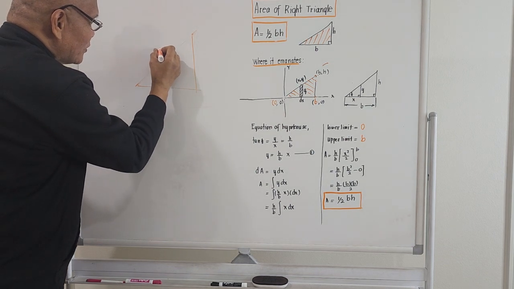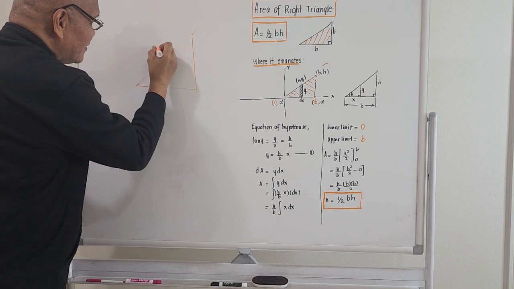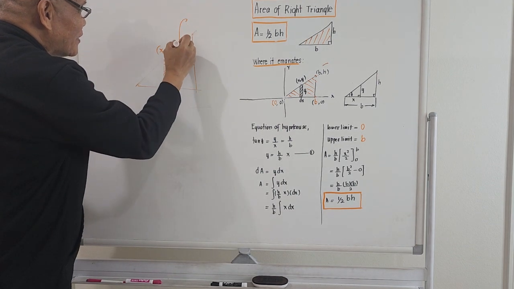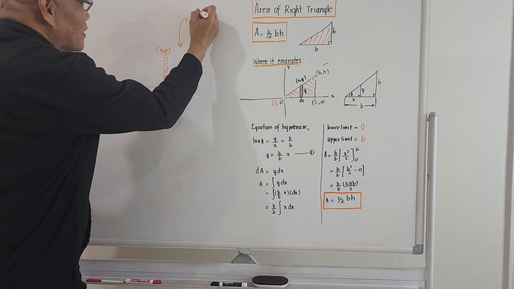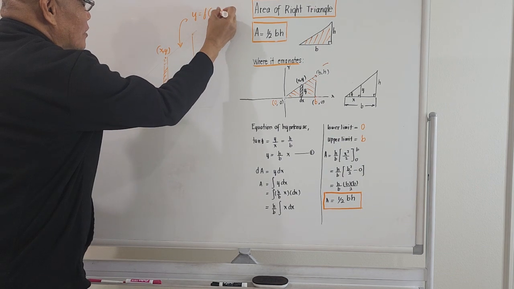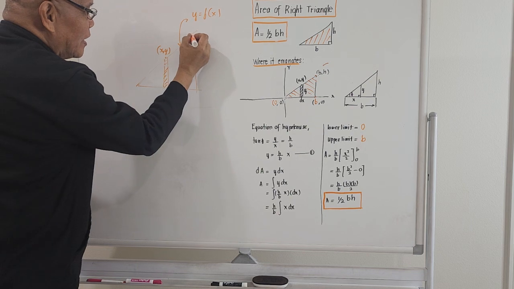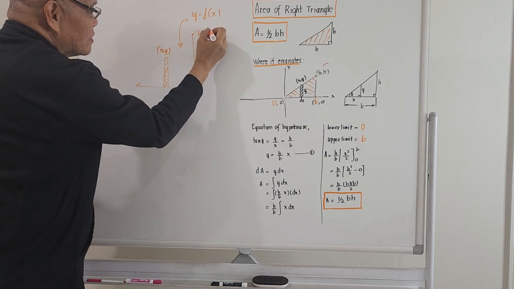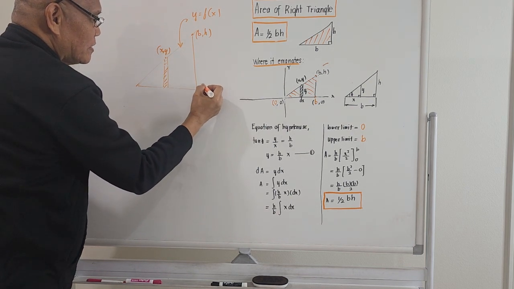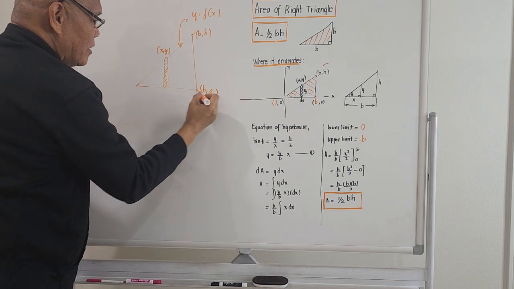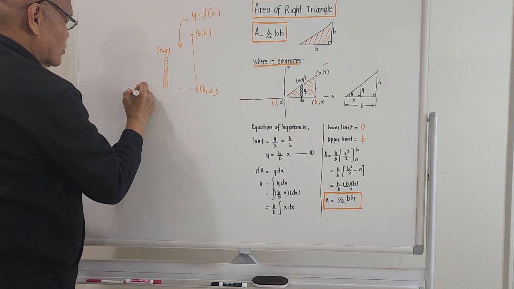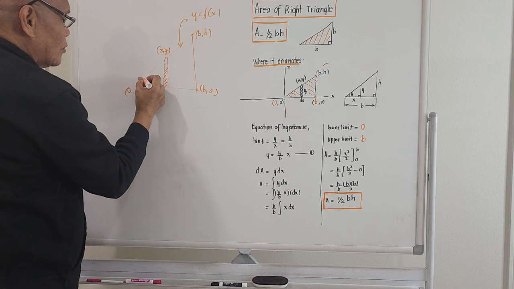This point here has coordinates x, y, because we are solving for the equation of y as a function of x. At this location the coordinates will be x and y, this will be b and h, this should be b and 0, and this should be 0, 0. We call this angle theta.